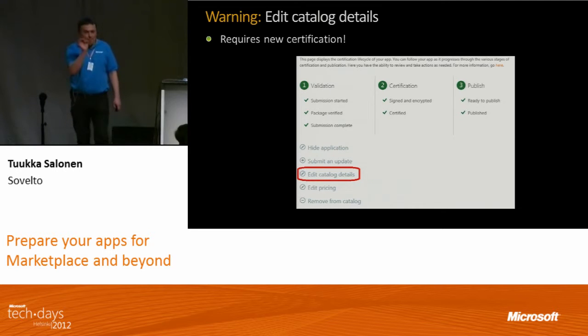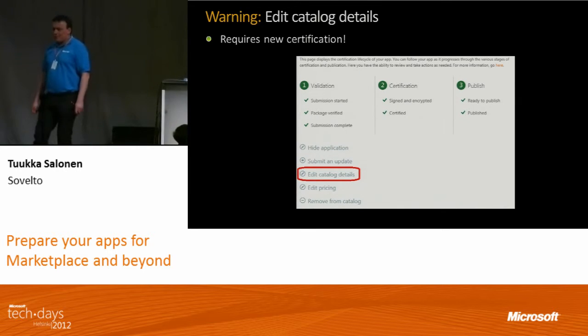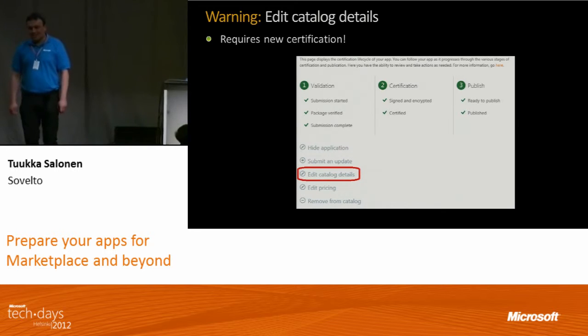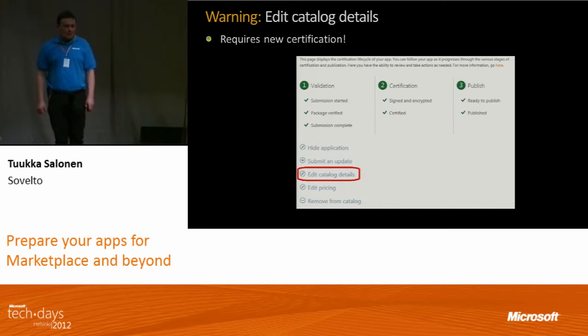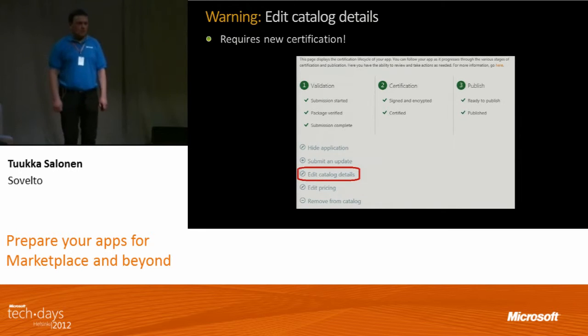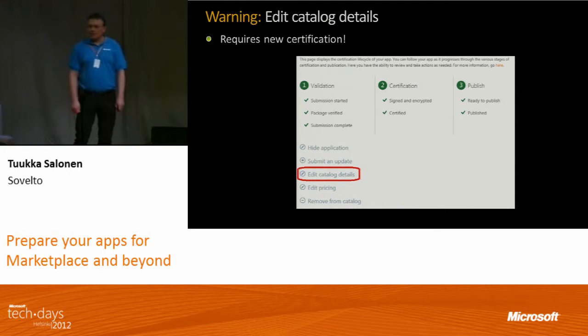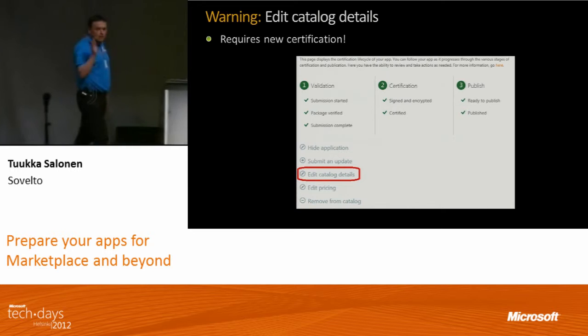If you have a typo somewhere and you want to fix it, it's a recertification. If I publish to a new country, it's recertification. If I change the price, it's recertification. So even the smallest changes always require certification. Well, it's probably a little bit faster. It's not necessarily 1 week, because they check the XAP file, noting, okay, the description is okay, it's just a little different. Let's go.